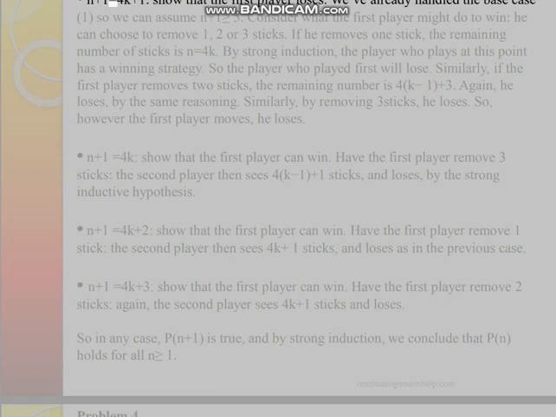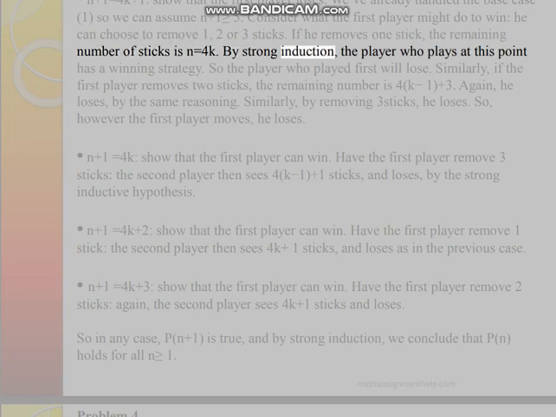Case 1: n+1 equals 4k+1. Show that the first player loses. We've already handled the base case, 1, so we can assume n+1 is greater than or equal to 5. Consider what the first player might do to win. He can choose to remove 1, 2, or 3 sticks. If he removes 1 stick, the remaining number of sticks is 4k.